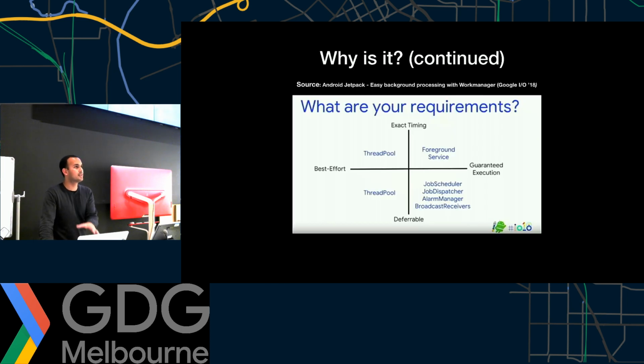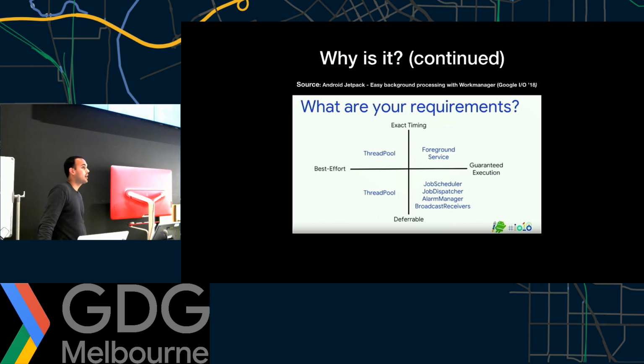I stole this from the Google talk about Work Manager, but I've credited them, so all's good. There are 4 quadrants. As far as any background work in your app is concerned, if your app is live, you can use the app's process and thread pools, regardless of whether it's best effort or needs to happen right away.